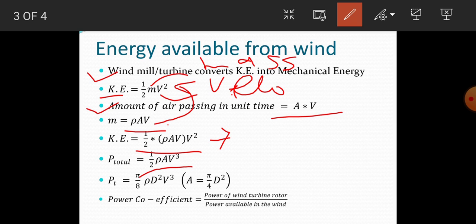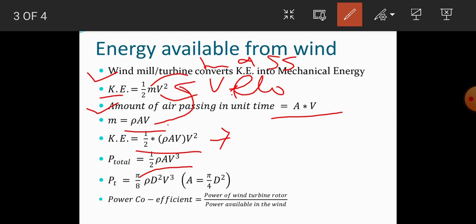At lower speed, a very large turbine rotor is required, and at higher speed, the stresses on the turbine blade and shaft are very high.